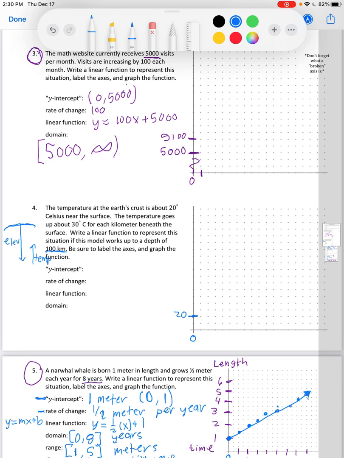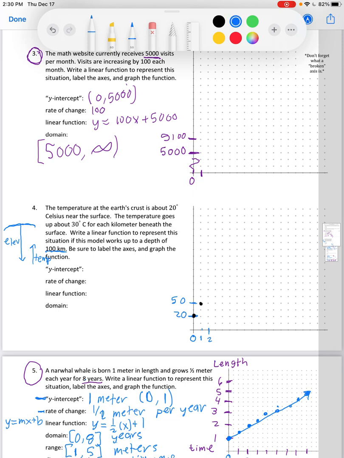We'll do the dots in black. As we move 1 kilometer down, the temperature increases 30 degrees. So our next point, I'm going to kind of fudge it and say that's going to be 50. It's going to be right there. Let's go ahead and do our next one.